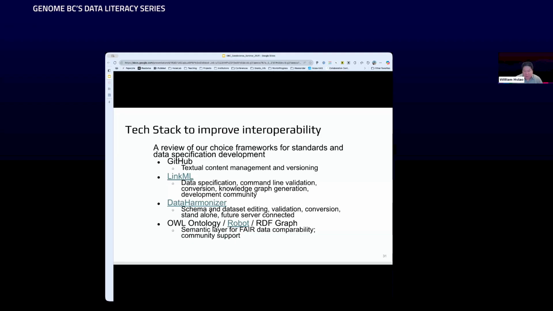We use the Data Harmonizer to design this data schema, but also for data entry and validation and conversion to different local databases. And then all this is based on OBO Foundry style ontologies encoded in OWL. So this semantic layer, meaning the relationships between terms, is defined using these semantic web technologies.